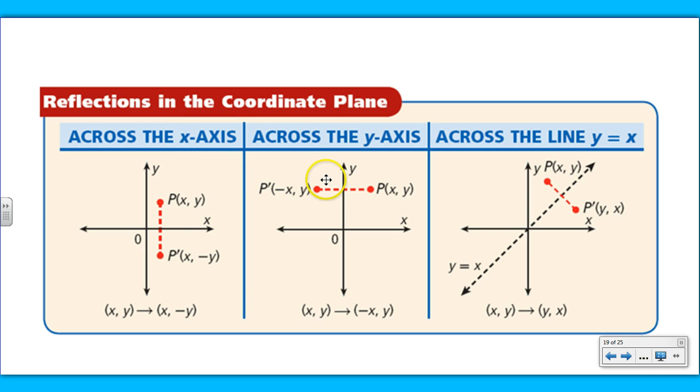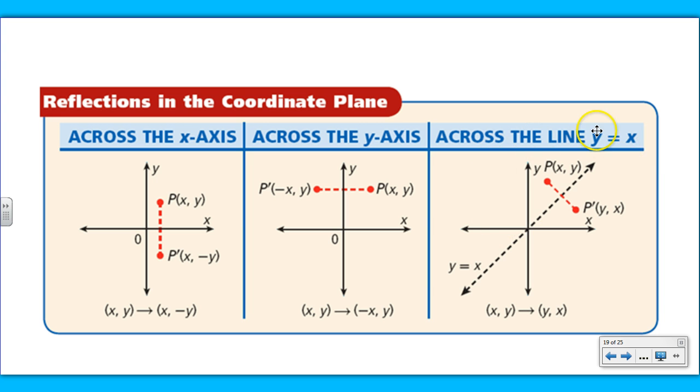If we want to reflect across the y-axis, we're taking the opposite of x, right? That flips us across the y-axis. So there's a bit of an irony there that we're changing the opposite lettered coordinate, right? We're changing x to negative x, and that flips us across the y-axis, okay? But it makes total sense, doesn't it?